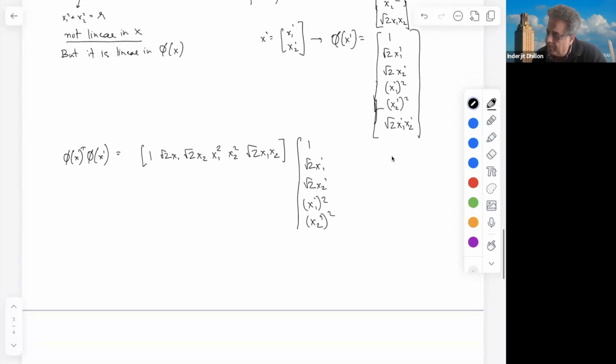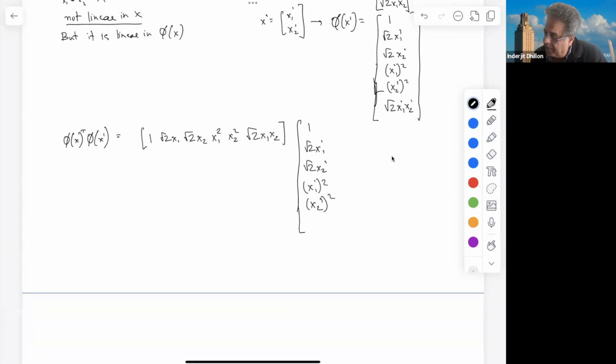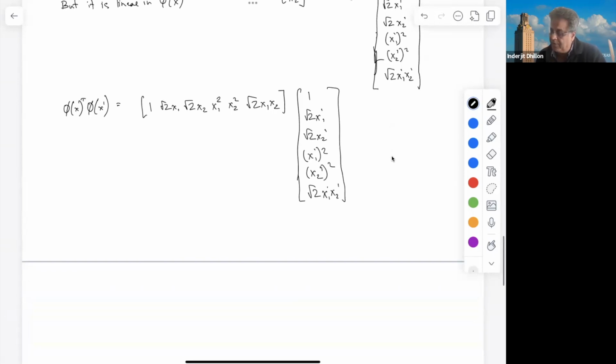Please keep me honest, I'm almost certain I made a typo somewhere. If I multiply this out, I get 1 plus 2 x1 x1 prime plus 2 x2 x2 prime plus x1 square x1 prime square plus x2 square x2 prime square plus 2 x1 x2 x1 prime x2 prime.